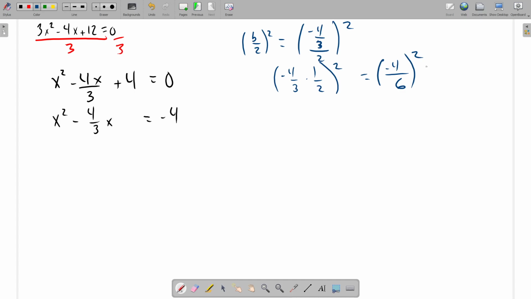So let's do that. This can be simplified into negative 2 thirds squared. So negative 2 squared gives us positive 4, and 3 squared gives us positive 9. This 4/9 is the number that I need to add to both sides of my equation.